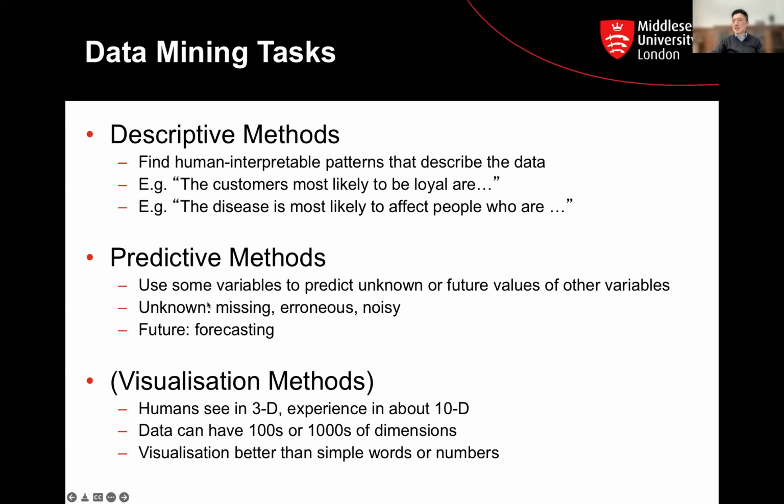For example, you're missing the age for a particular customer in your customer database, and you might be able to predict the age based on other information you have. Say you have 10 other customers with very similar demographic information to this one, so you might use their age to replace the missing one. Visualization can also be treated as one of the data mining tasks, but if you talk to a data mining person, they might not think of it as a data mining method.